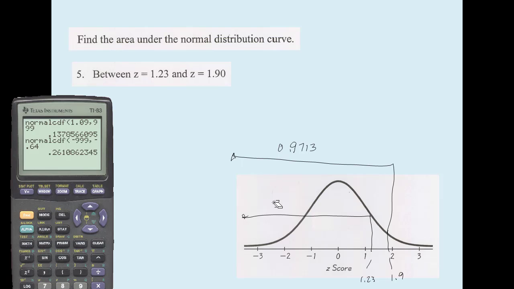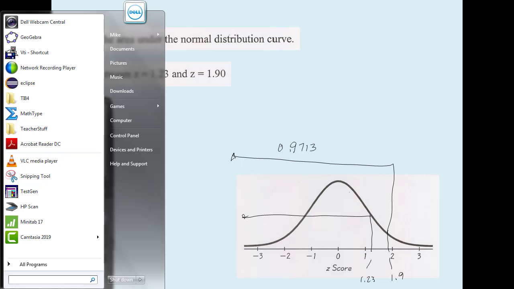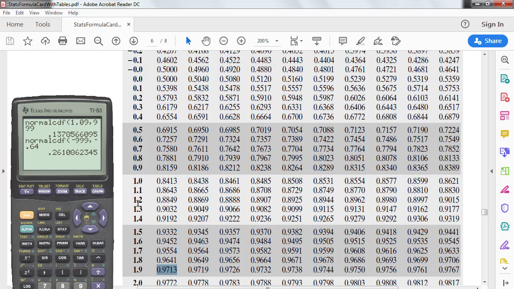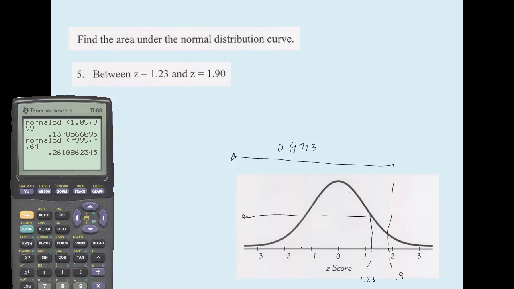Then I want to find this area here, which is 1.23. It's going to be less than 1.9, so I go back over to the table. So 1.23: 1, 2, 0, 1, 2, 3, so 8907, so 0.8907. So the probability that z is between 1.23 and 1.90, and that's how you write it algebraically, is going to be equal to 0.9713 take away 0.8907.